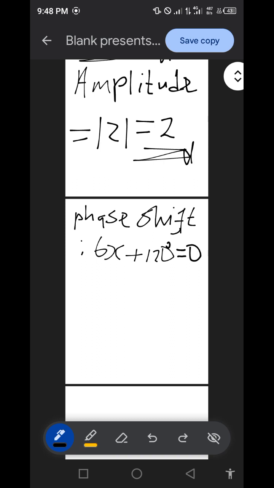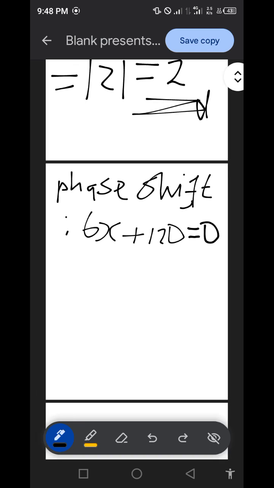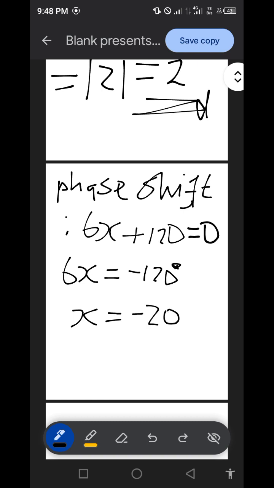So now we solve for x, which means 6x is equal to minus 120 degrees, which means x is equal to negative 20 degrees as your phase shift.